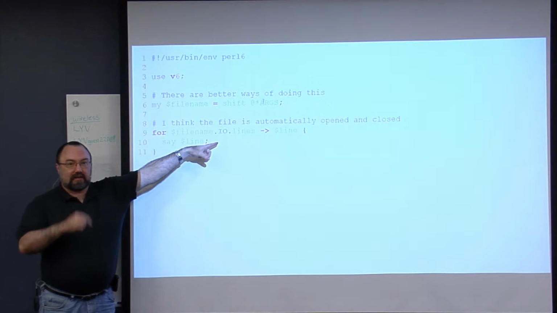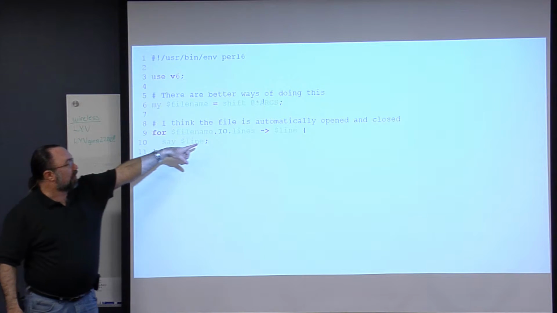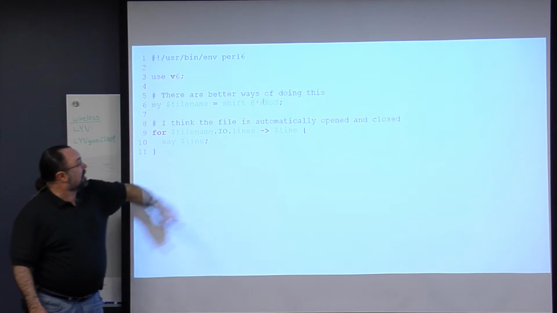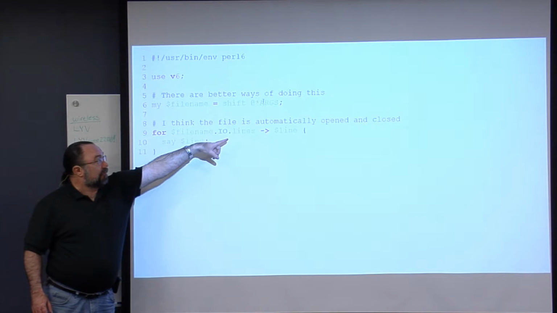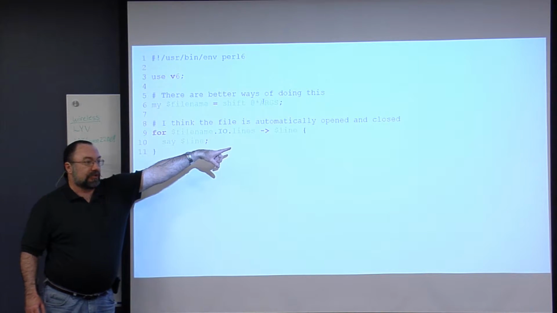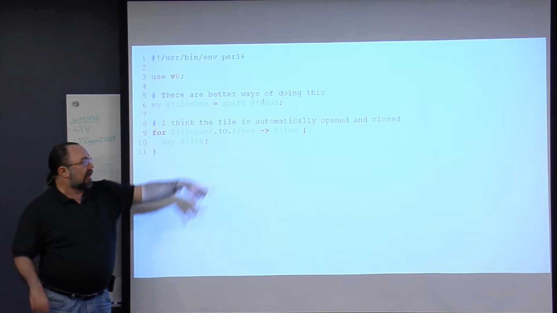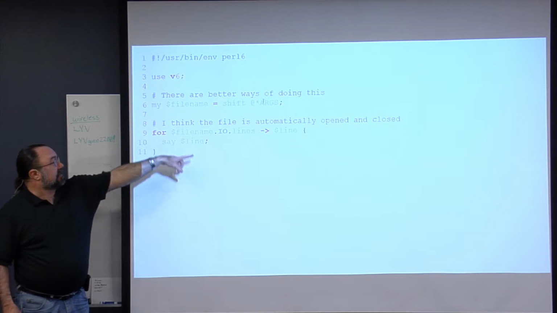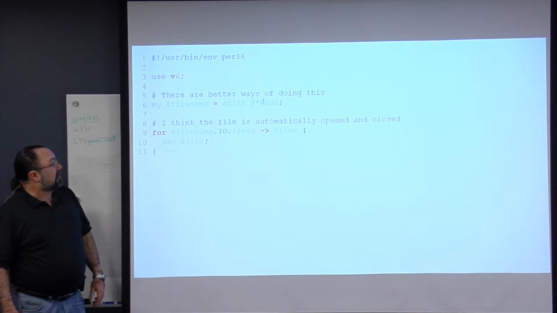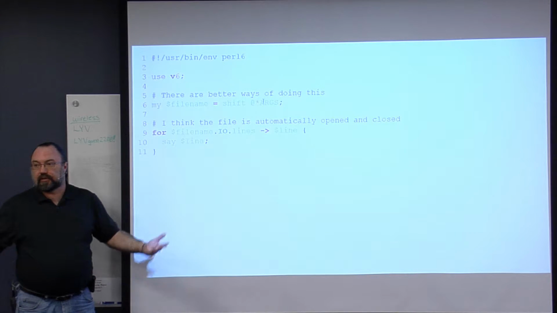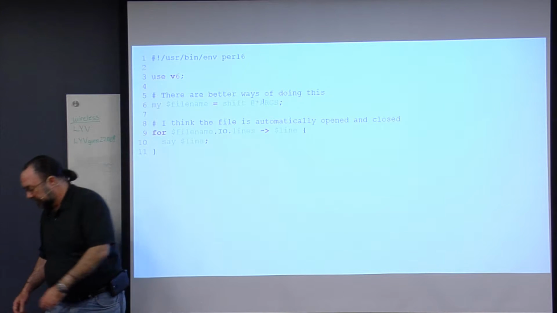It's now dot, just for people who weren't here before, dot lines. So I'm saying I want to do an IO operation, and the operation I want is lines, which happens to return one line at a time. And then I just say line. So this is a quick and dirty version of cat in Perl 6.